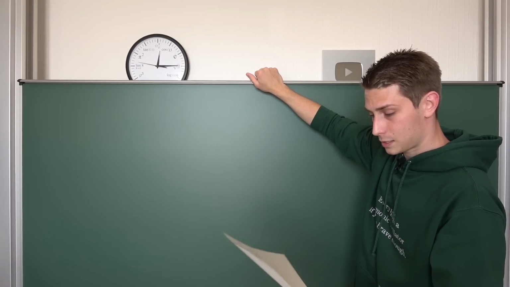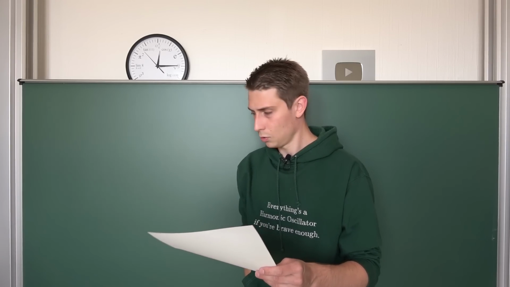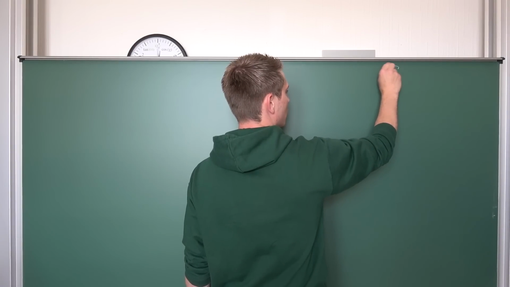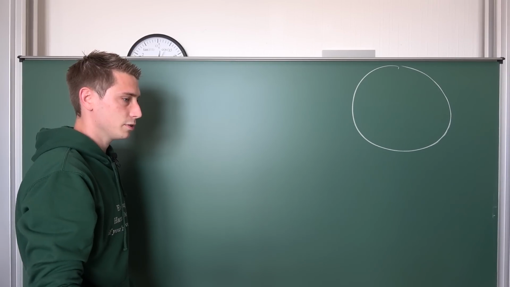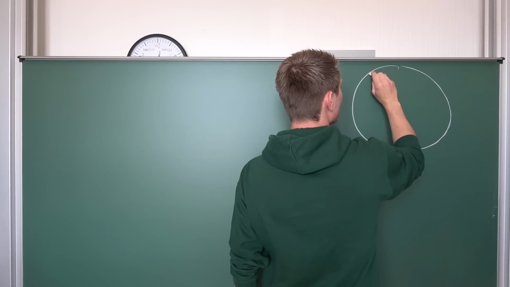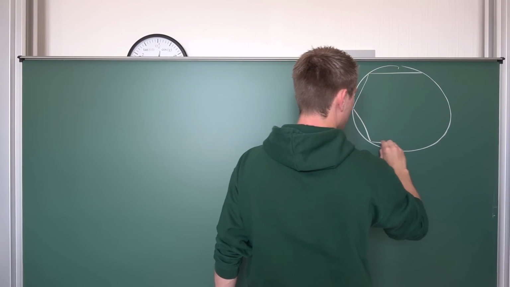Prove that the side of a regular hexagon inscribed in a circle is equal to its radius. Whew, that is interesting. Okay, so we have a circle and we are going to inscribe a hexagon in it. Hexagon is one more than a pentagon, meaning we are going to have something like this.